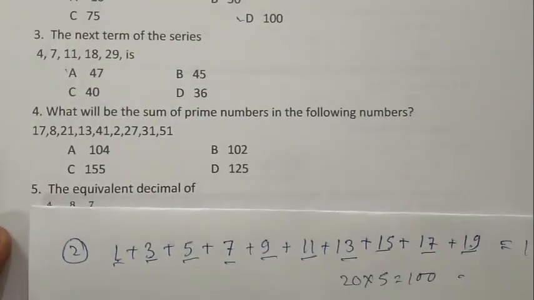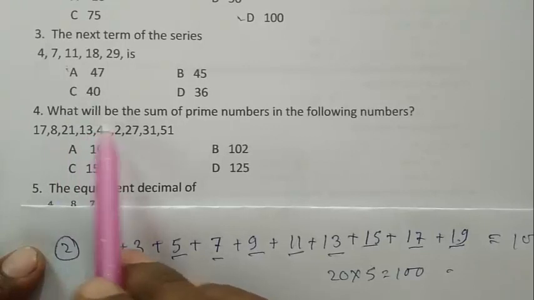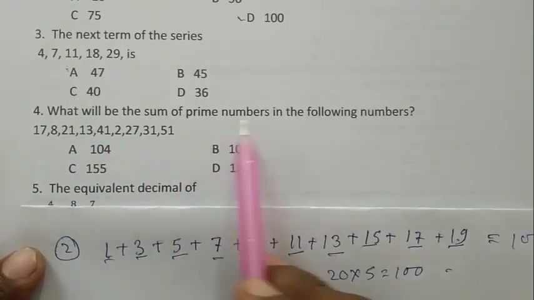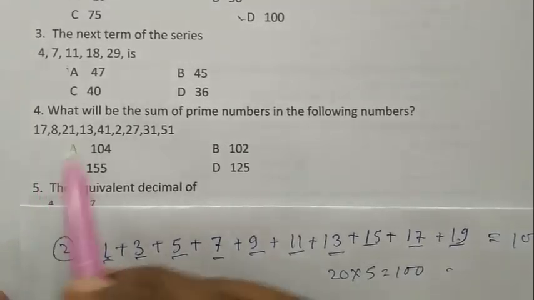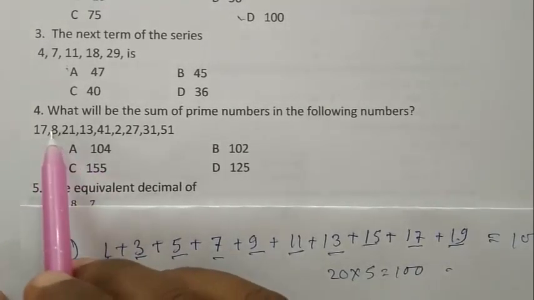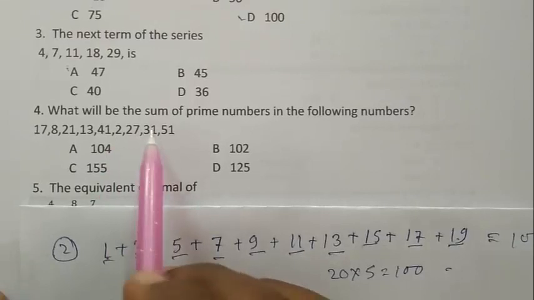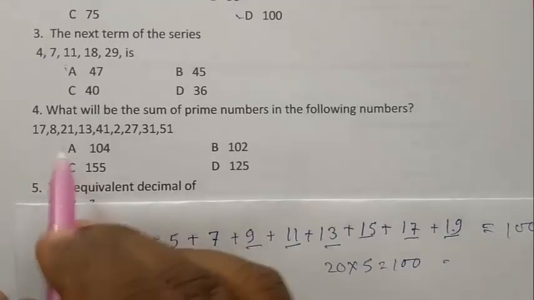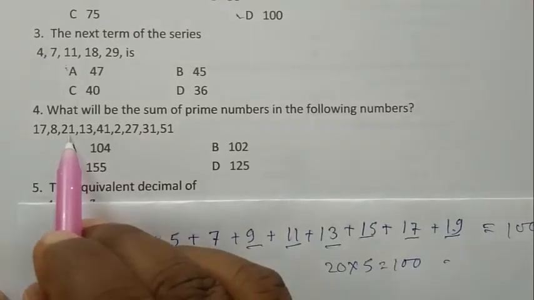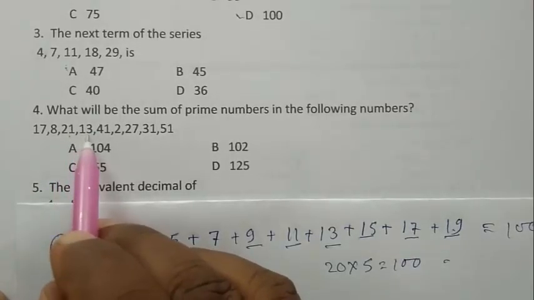Coming to the next question. Question number 4. What will be the sum of prime numbers in the following numbers? First we closely watch the prime numbers in this series. So 17, after that 8 is not a prime number, 21 is not a prime number, 13 is a prime number.